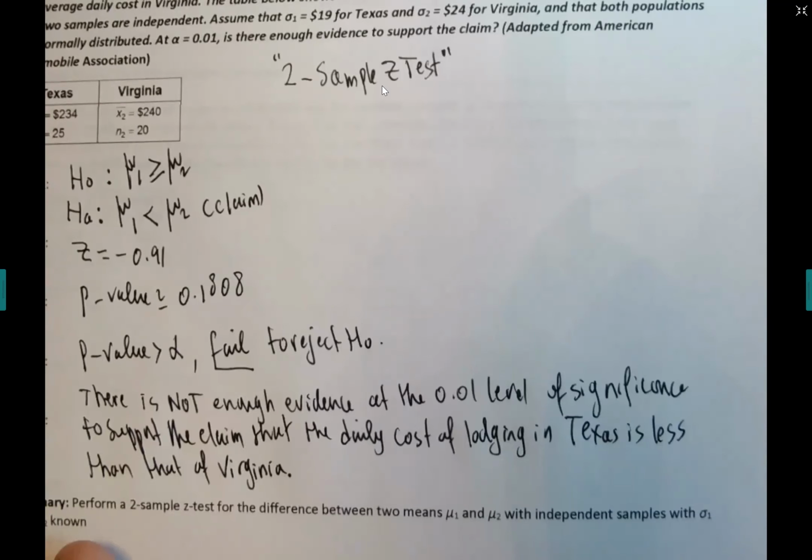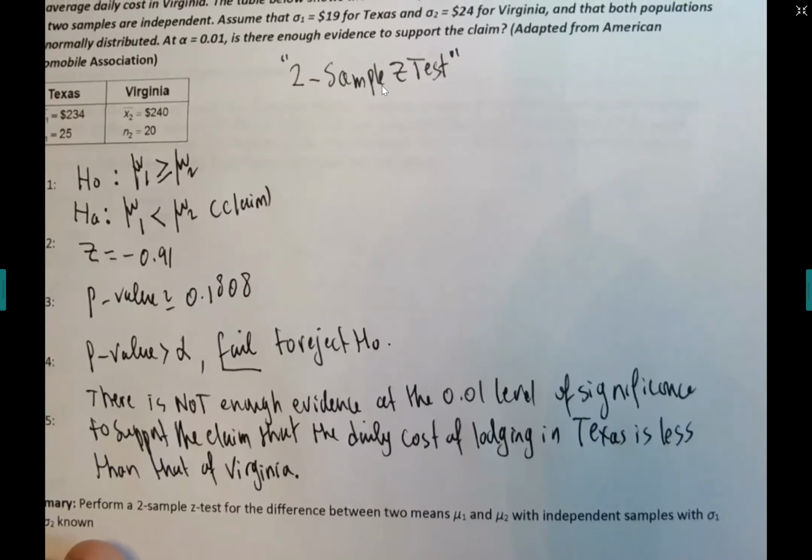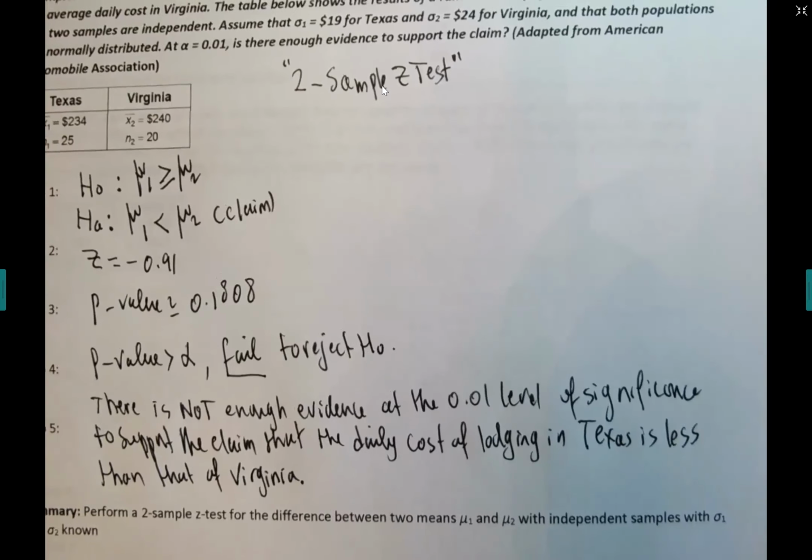There is not enough evidence at the 0.01 level of significance to support the claim that the average daily cost of meals and lodging for vacationing in Texas is less than the average daily cost in Virginia. Just copy and paste the language of the claim, guys. And that concludes this section.